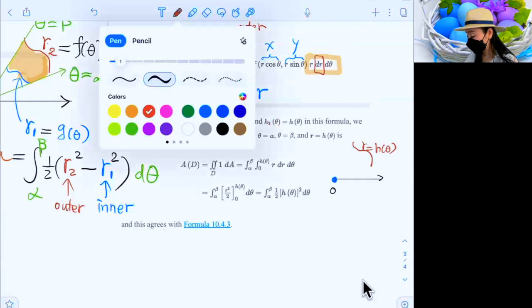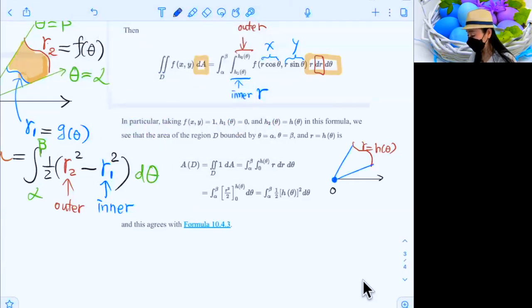Then what happens if you use this formula over here, you're going to replace this function here by 1, and integrate this constant function 1 over this region. And what should we get? When you integrate the constant function 1 over a region, that should be equal to the area of this region.